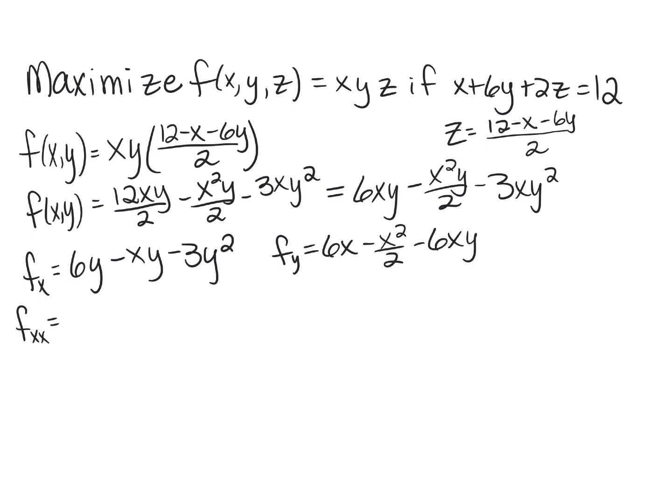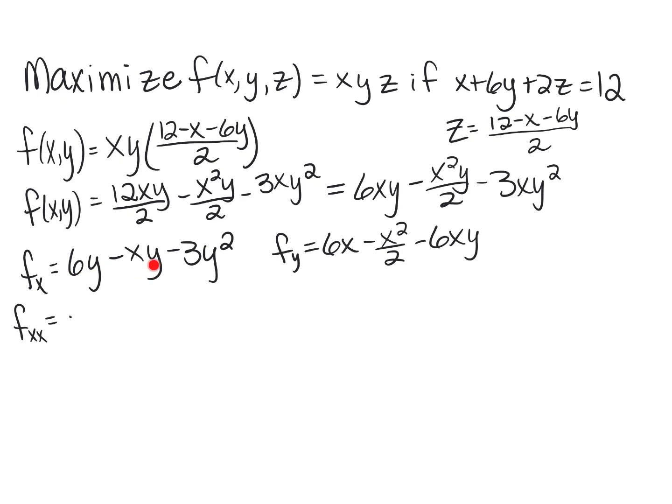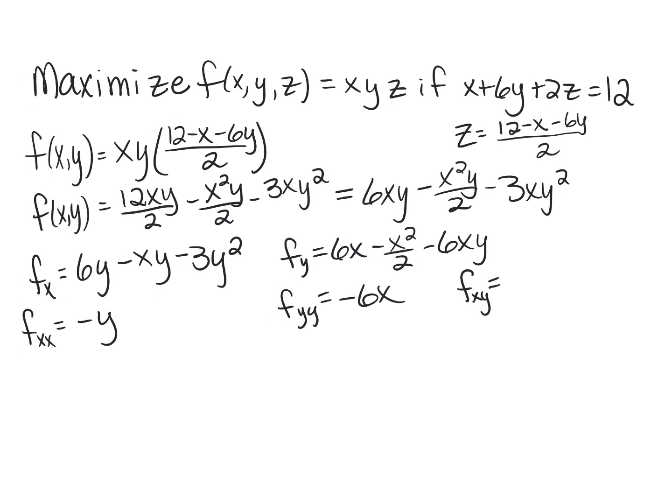Okay, second partial with respect to x gives me a minus y. Second partial with respect to y gives me negative 6x. And the mixed partial, taking the derivative of this with respect to y, gives me 6 minus x and minus 6y.